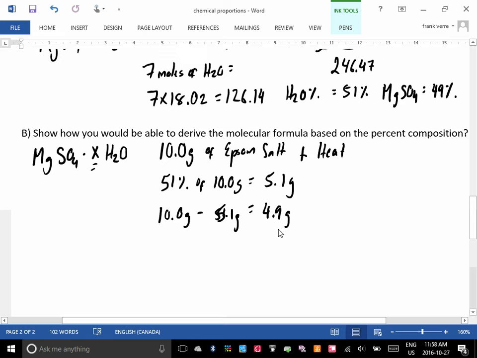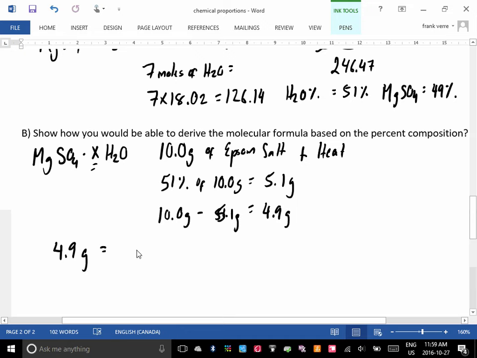And this is what you're going to do. You're going to take an unknown hydrate, heat it, and you'll notice that the mass will drop. The mass that you lose is the mass due to what? The water evaporating. Does that make sense? Now, here's what we know. 4.9 grams equals the mass of the what?